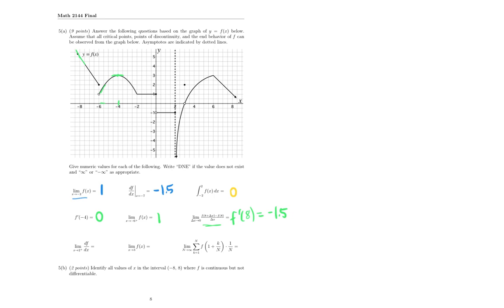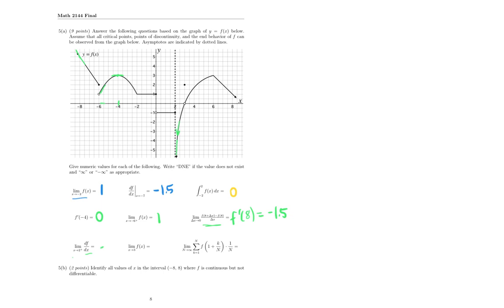The limit as x approaches 2 from the right of the derivative. Okay. So as x approaches 2 from the right, the slope is getting closer to a positive infinite slope.